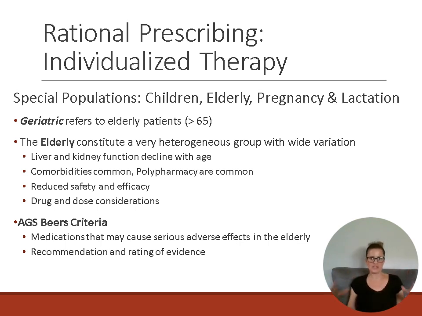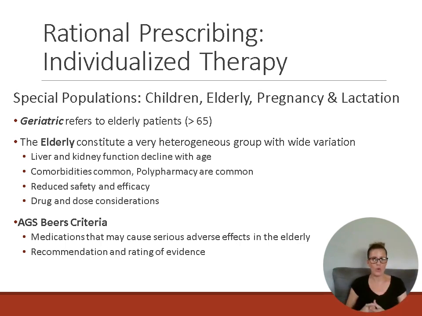This group of patients ranges from very healthy and fit, active patients to very frail and suffering from numerous comorbidities. Because of this, it's very difficult to make blanket recommendations for geriatric patients. Okay, you have to look at your specific patient and their specific patient characteristics in order to make the right decisions.